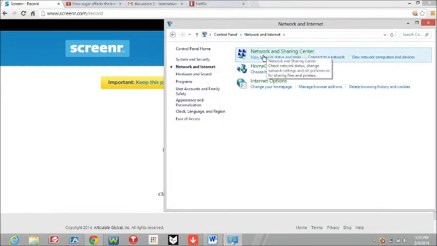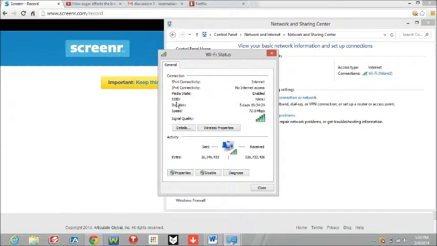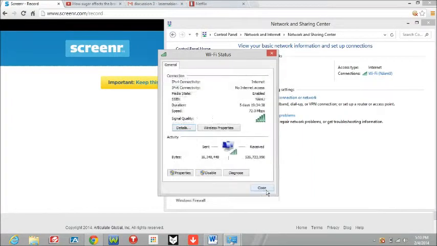There we need to click on network and sharing center, and then depending on what your Wi-Fi says, you're going to look for connections and then the Wi-Fi that you are connected to. There we want to click on details, and there we go, we found our IP address again. So these are two different ways to find the IP address, and that's it.